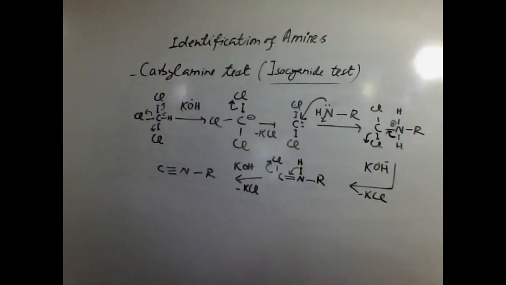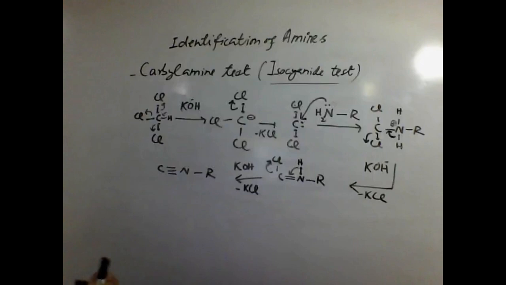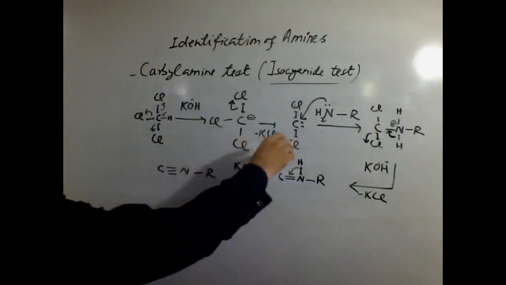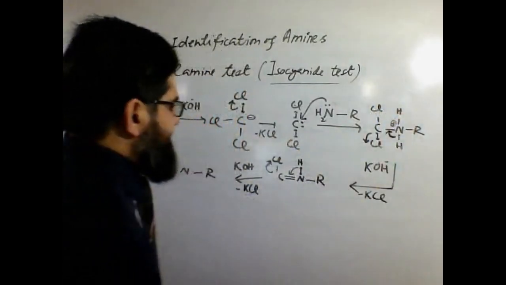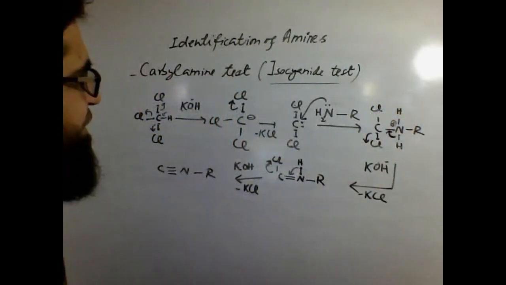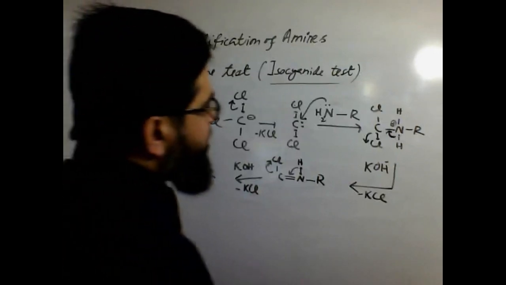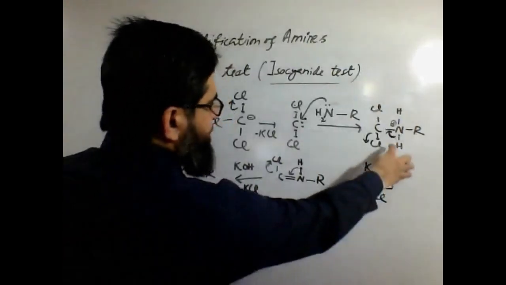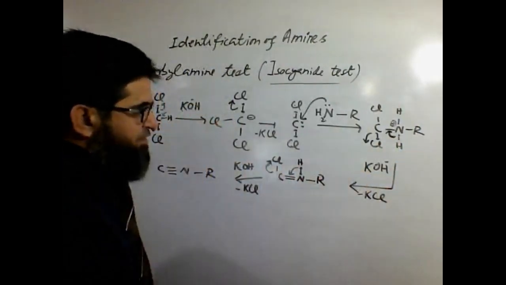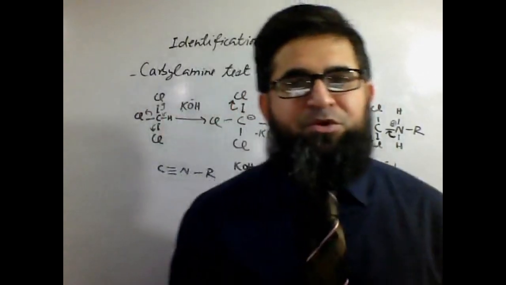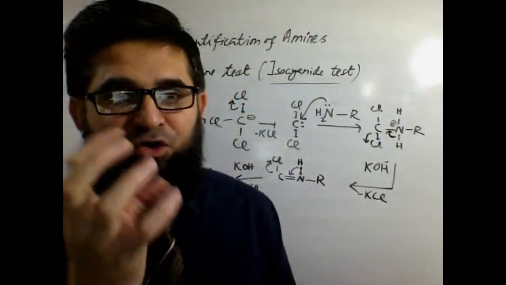So this will be the bond between these 2 atoms, where the 2 chlorines attached to the carbon have been removed. They have been removed due to the involvement of these two basic molecules which have come from the potassium hydroxide, and that's the base, and it has the ability to abstract protons.